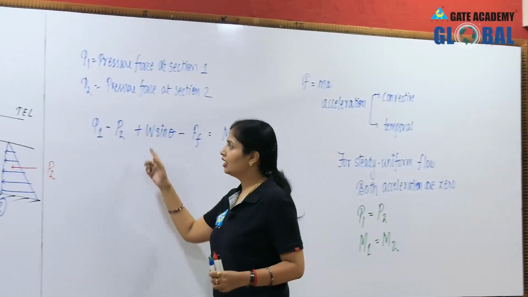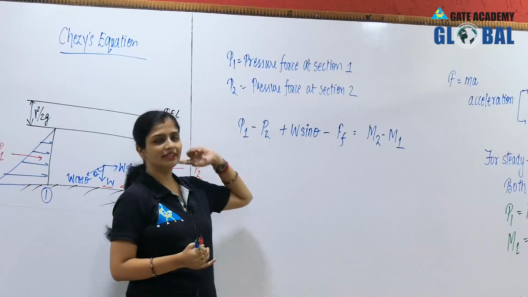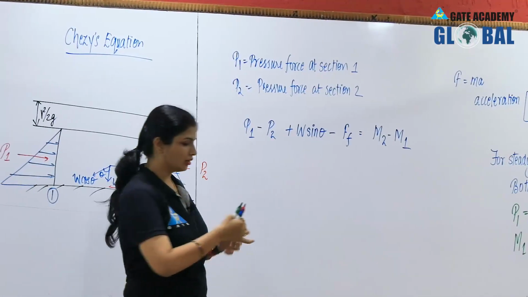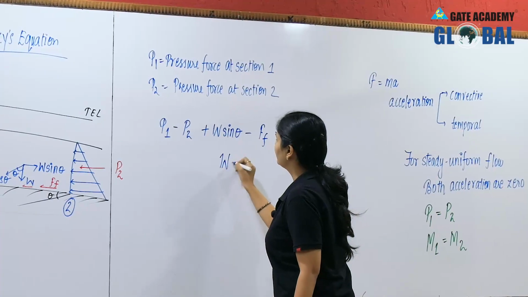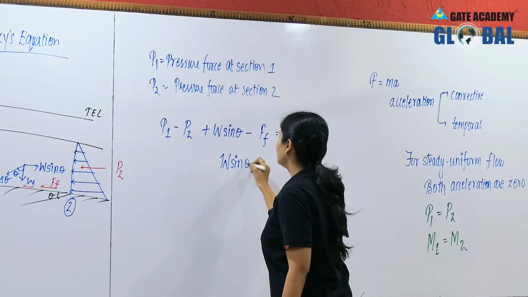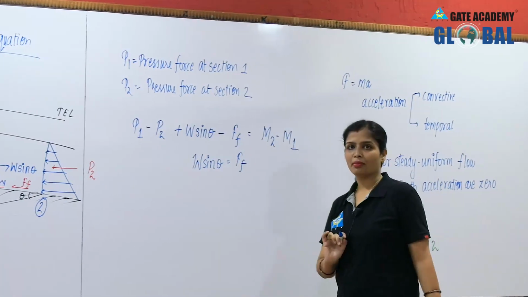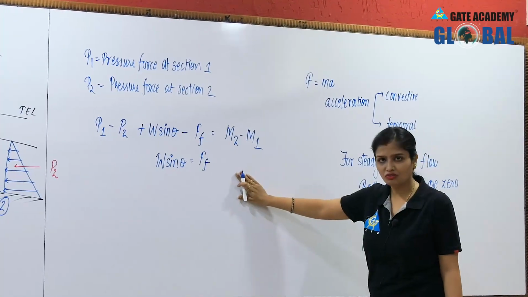So P1 is equal to P2, this portion you will get 0. M1 is equal to M2, so this portion will also get cancelled out. So what you will get now is W sin theta is equal to your frictional force.